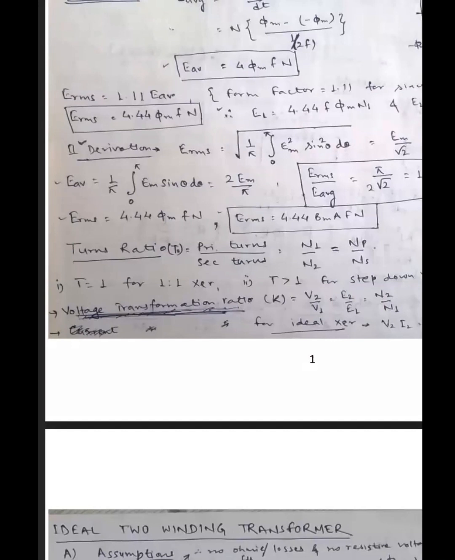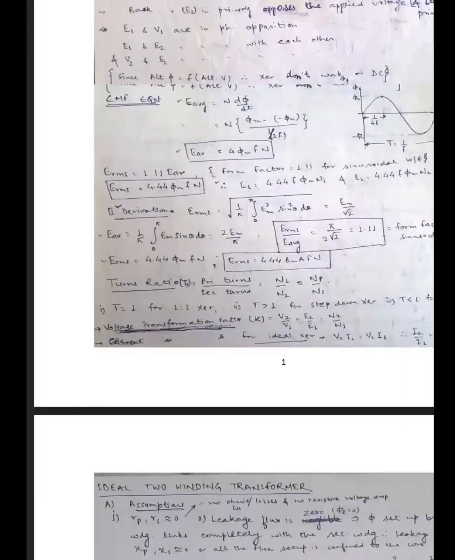The voltage transformation ratio is the ratio of the voltage of the secondary side to the primary side. So V2/V1 becomes K, and they are directly proportional to EMF. So E2/E1, and EMF is dependent upon the number of turns, as we have seen here as well. So E2/E1 or V2/V1 is dependent upon the ratio of the number of turns.